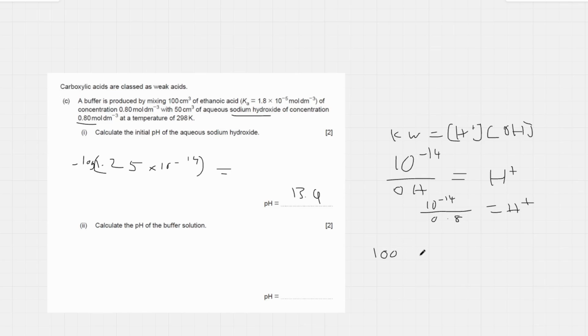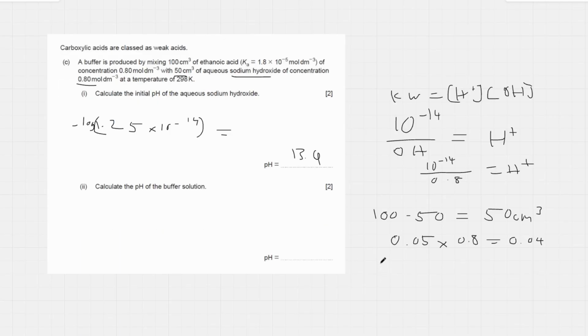100 centimeters cubed minus 50 centimeters cubed, because this sodium hydroxide will be using up the ethanoic acid, equals 50 centimeters cubed. We're left with ethanoic acid because all the sodium hydroxide has been used up, and we can just do 0.05 times, I think it was 0.8. Yeah, 0.8, which equals 0.04.